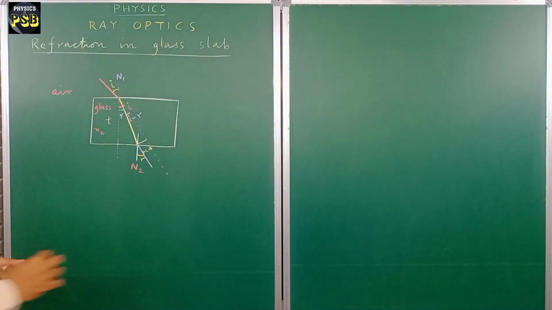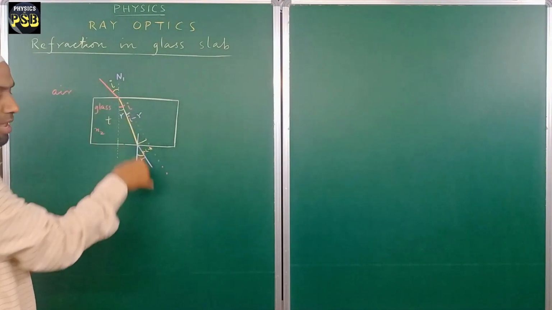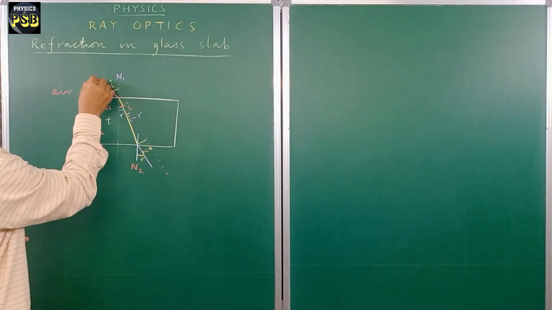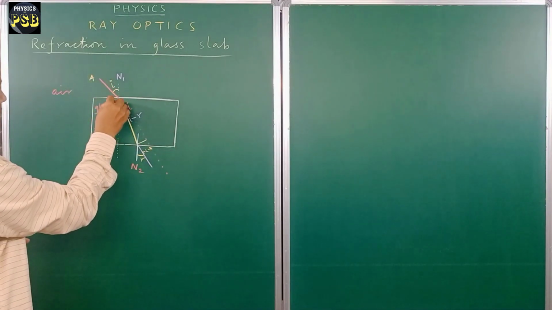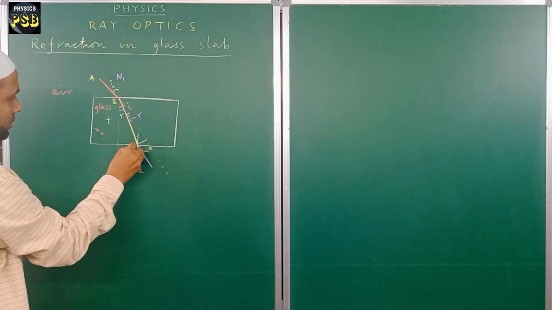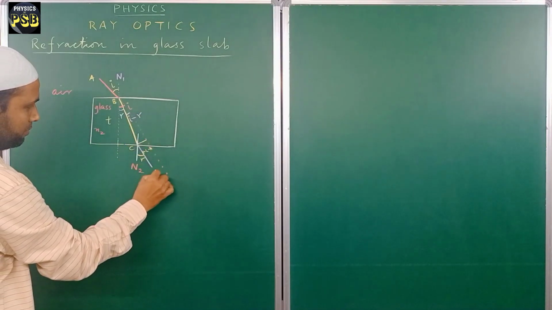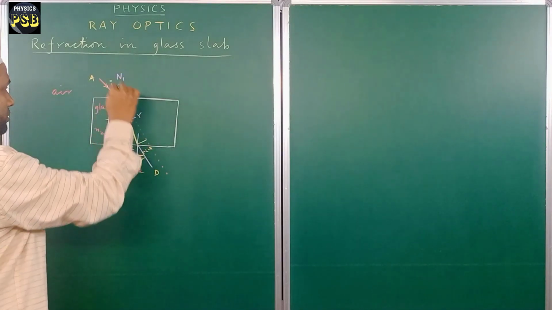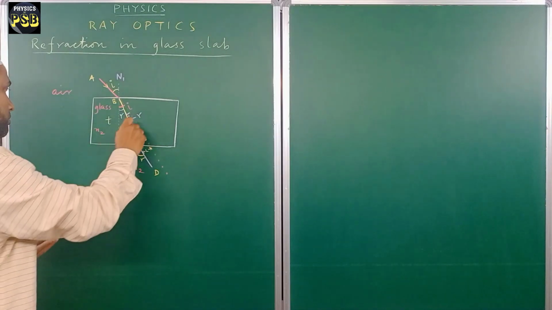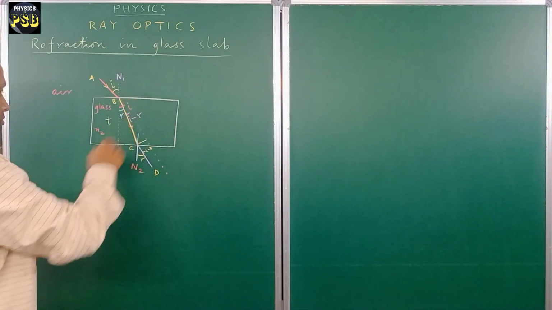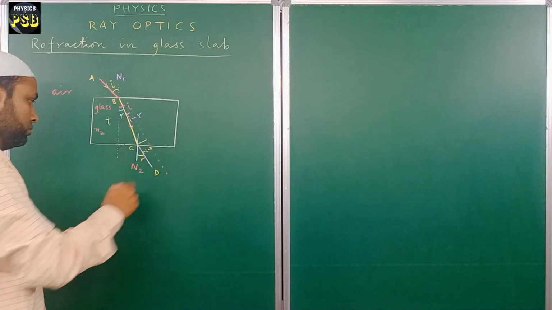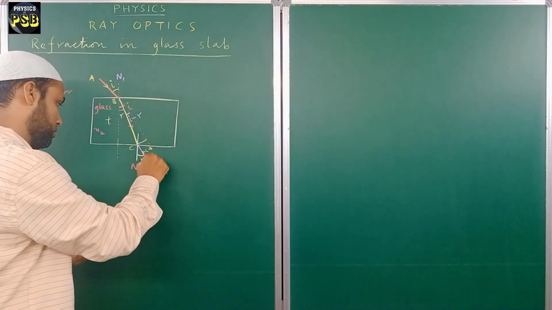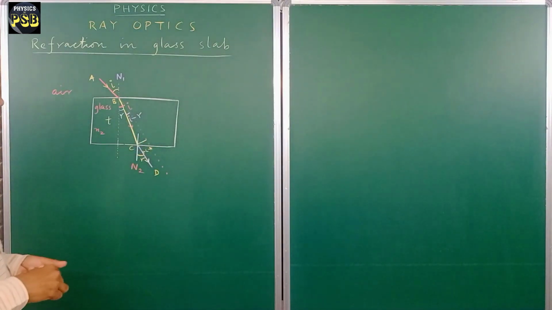Clear? Now, let me name this ray of light as A, B, C, and D. Okay, it travels in this direction.